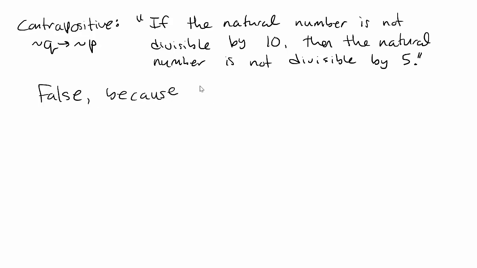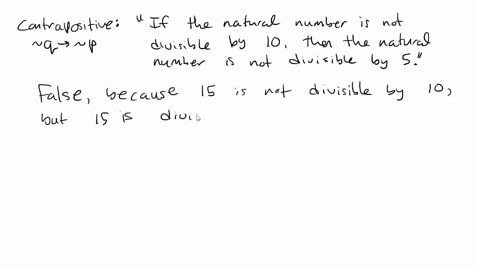And this is because, we'll give an example. I'm going to use 15 again, like I used in the very first conditional statement. This is false because 15 is not divisible by 10, but 15 is divisible by 5, right?